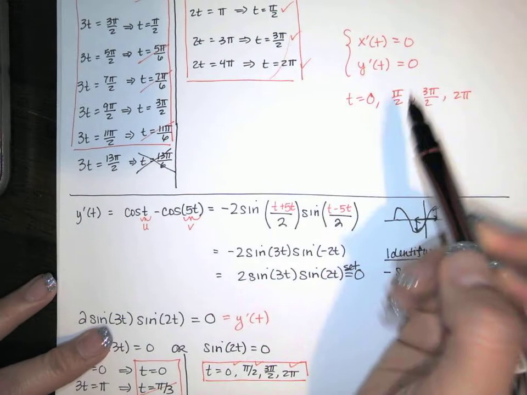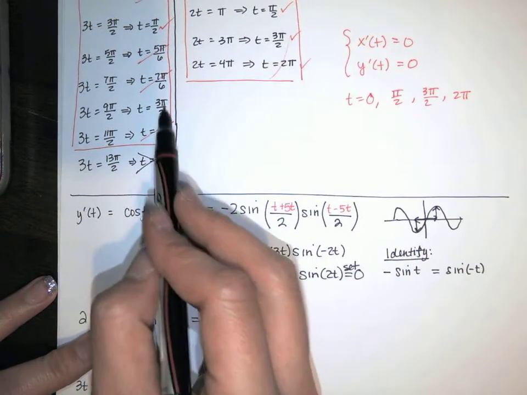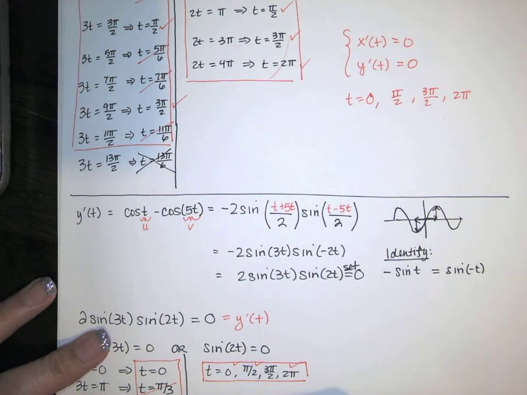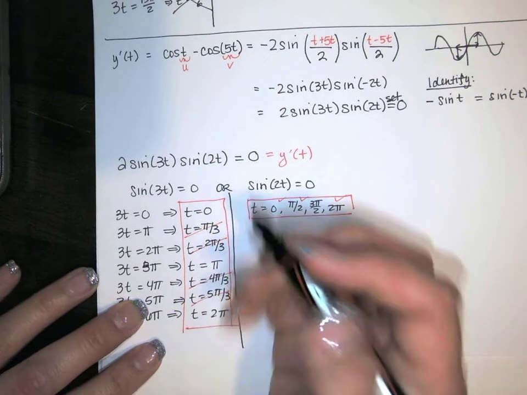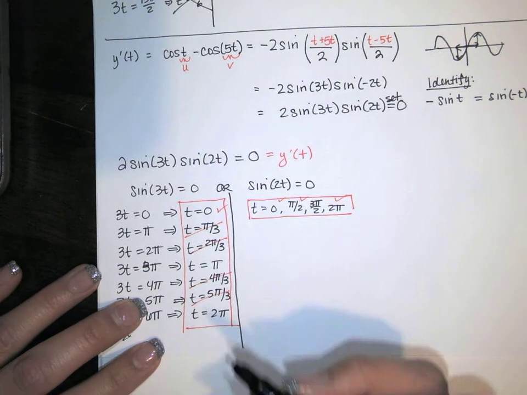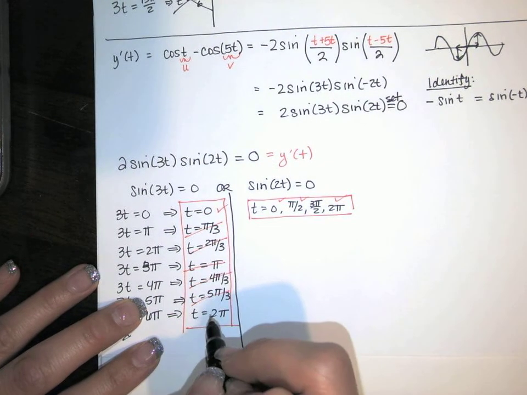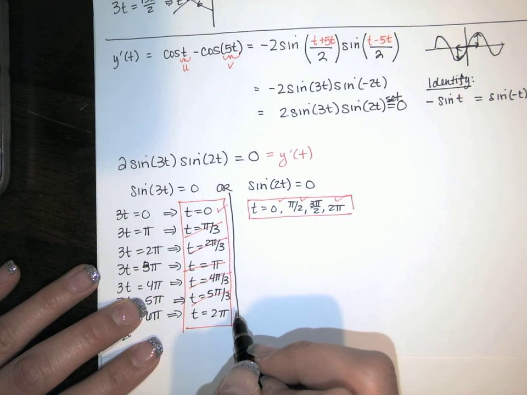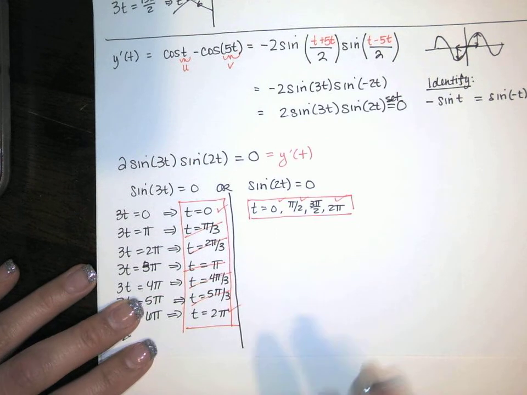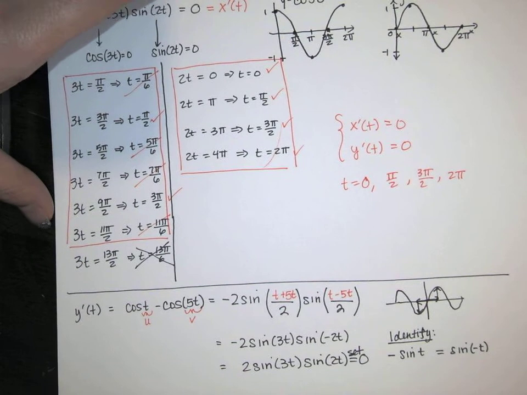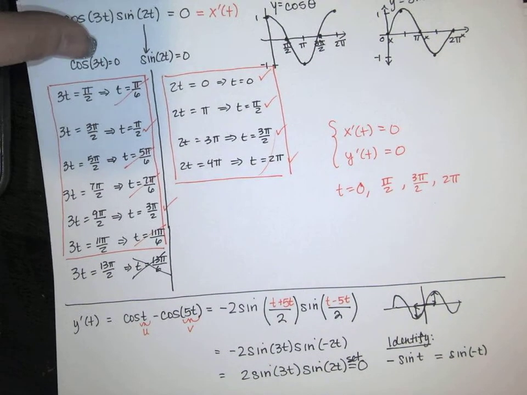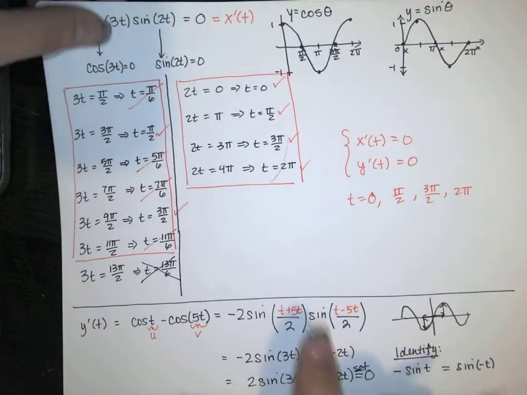Pi over 2, we actually already covered that. 3 pi over 2, we have already covered that. 0's on both lists, pi isn't. 2 pi isn't. Oh wait, yes, 2 pi was on both lists. Is that right? Did I get a pi over here?